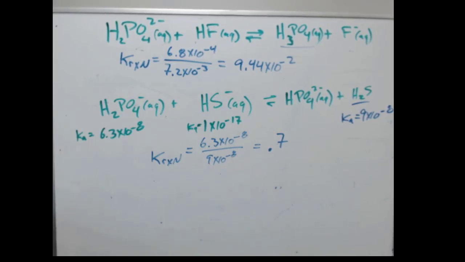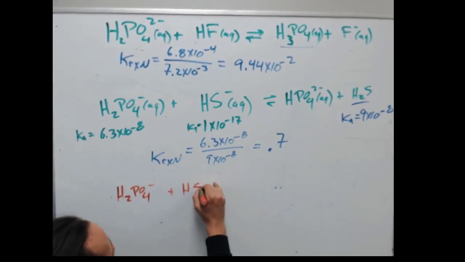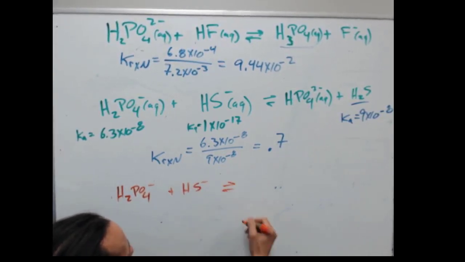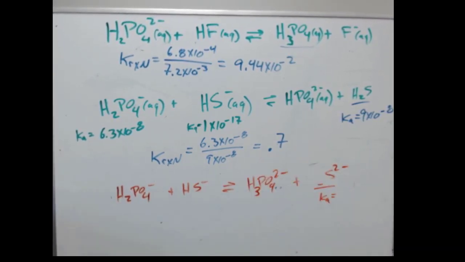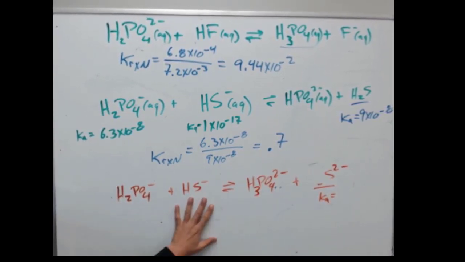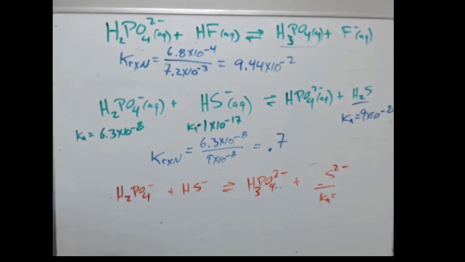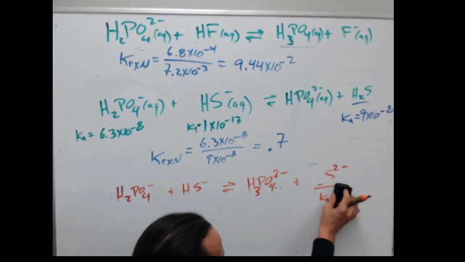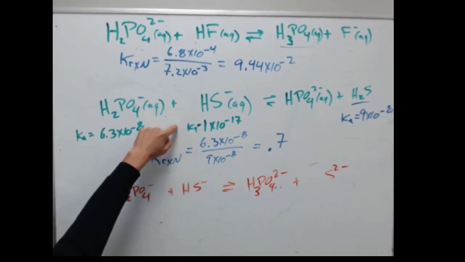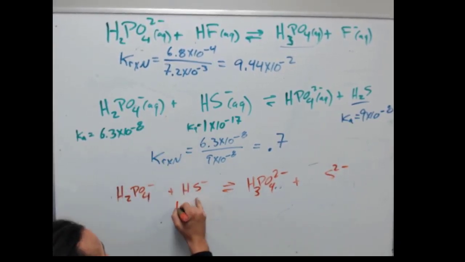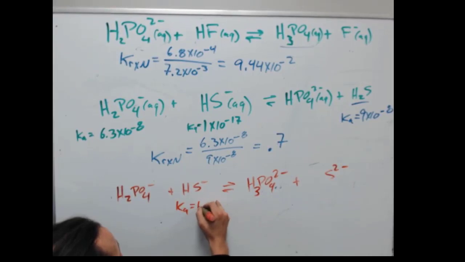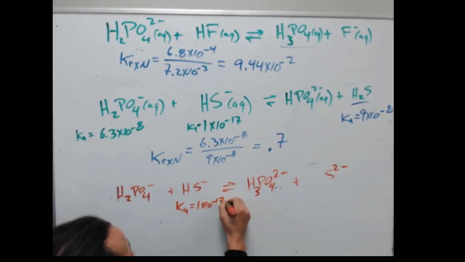So what would have happened if we made the other prediction? If we make the other prediction, H2PO4 minus plus HS minus goes to H3PO4 with S2 minus. We're saying if we treated this thing as acting like the acid and donating its proton, which is pretty unlikely, we'd have this Ka of 1 times 10 to the minus 17.